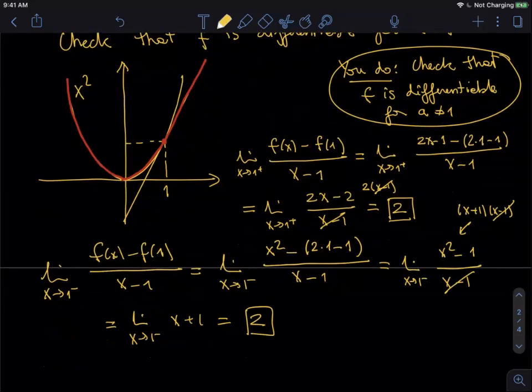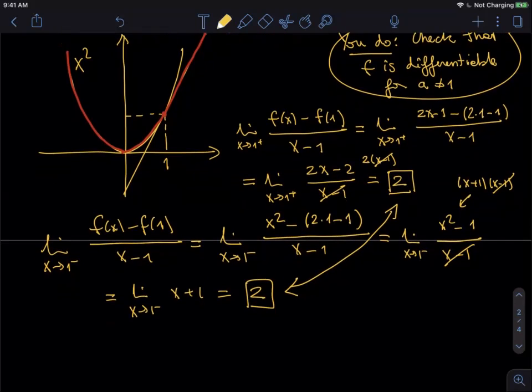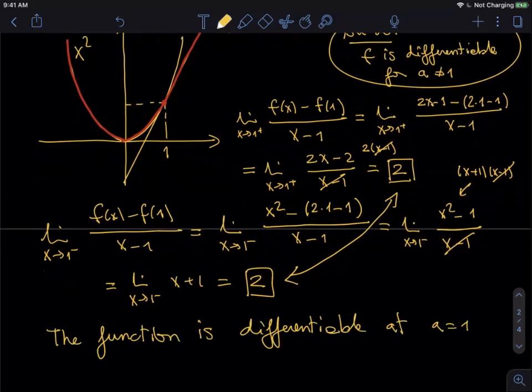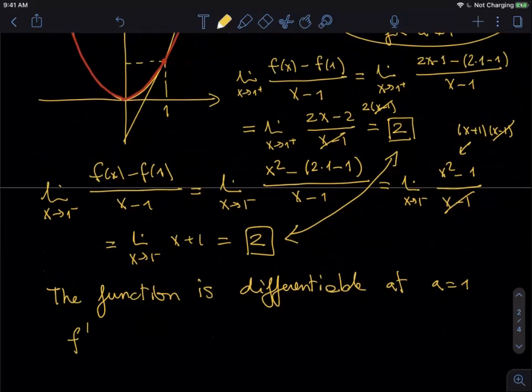Oh, so they match. Okay. So because the lateral limits match, the function is differentiable at a equal 1. And then we write that the derivative at 1 is 2.